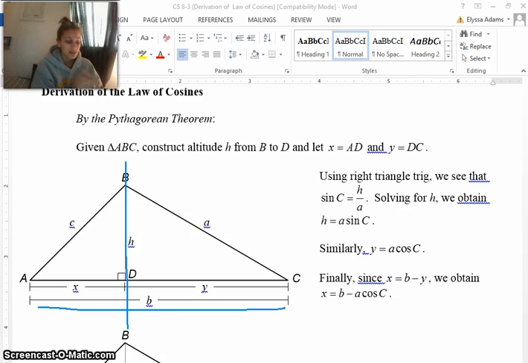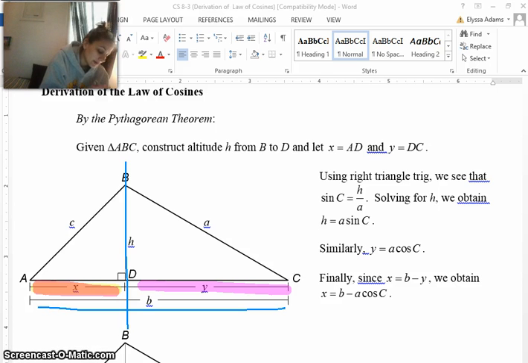While this whole big thing is b, we're going to call this little nugget over here x. Whenever I talk about x, I'm talking about that little piece of b. And whenever I talk about y, y is going to represent this piece of b, because I have these two pieces after I dropped in that altitude.